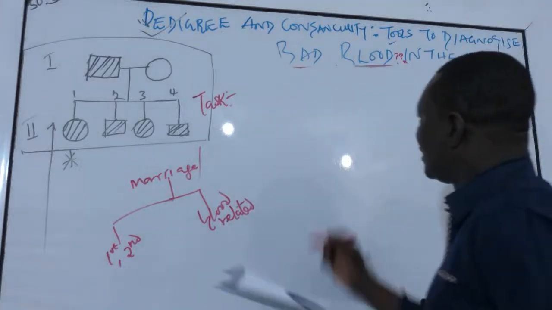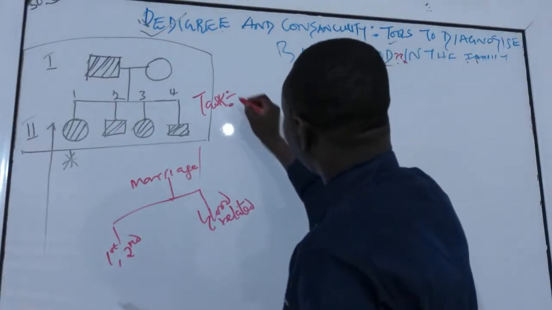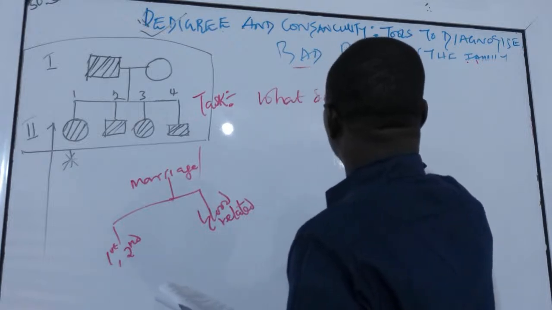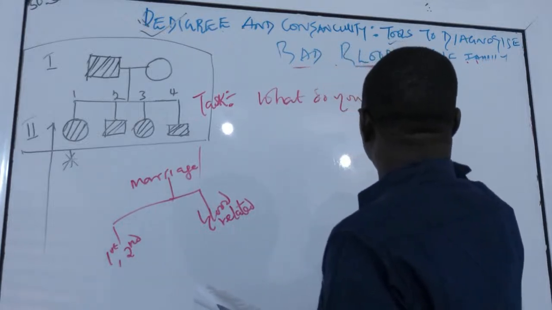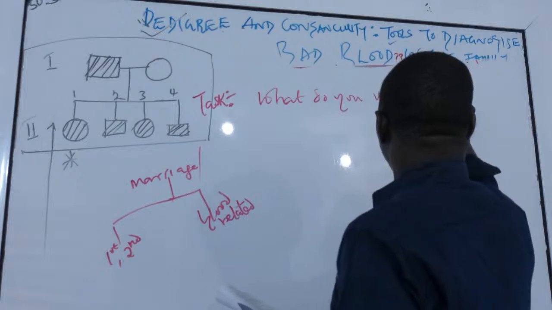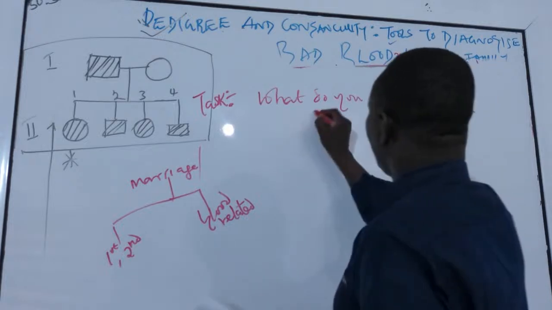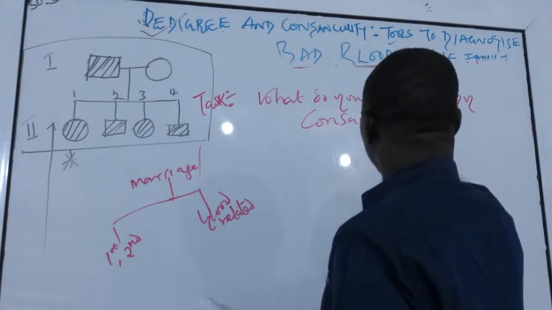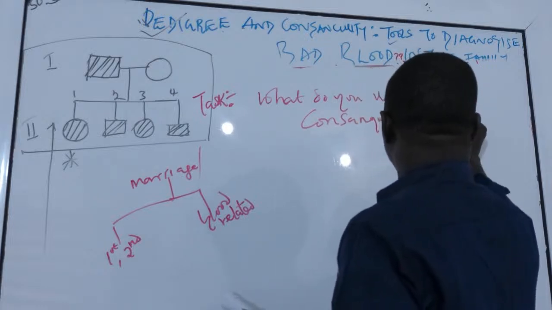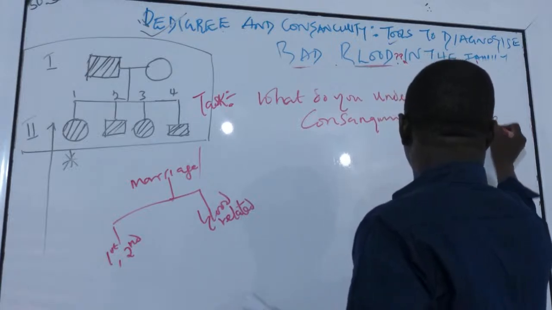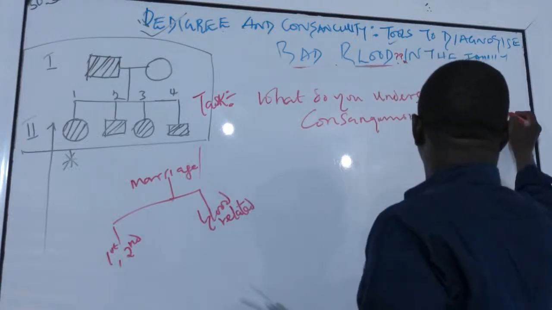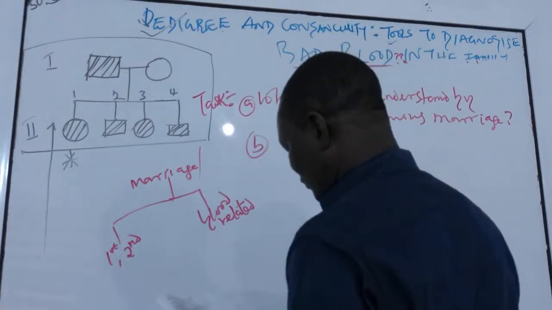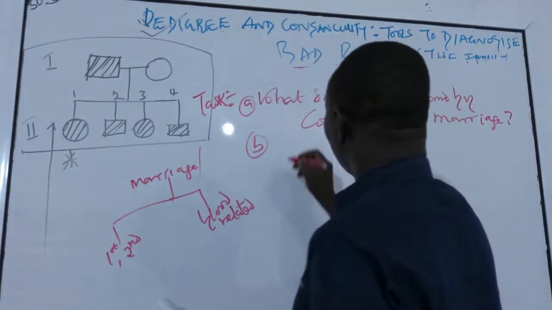The task is: A, what do you understand by consanguineous marriage?